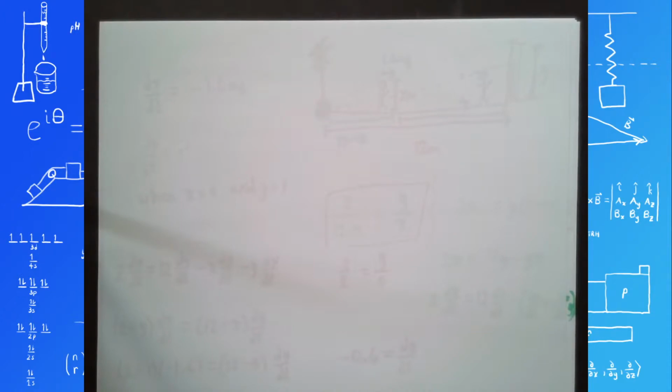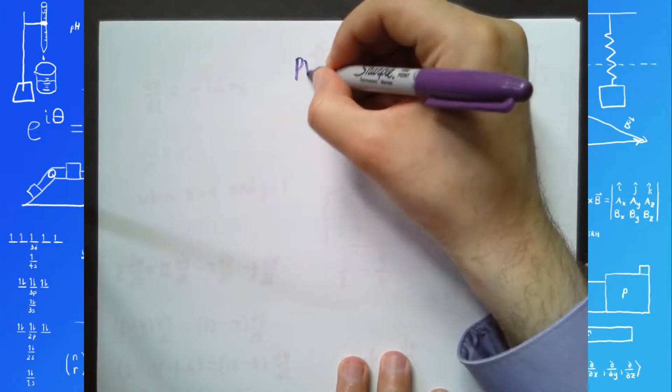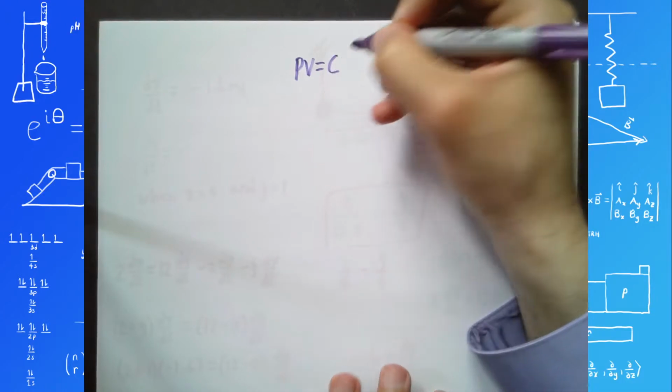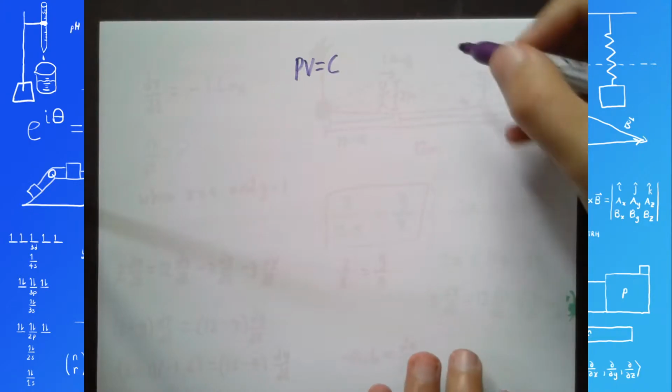So it says, Boyle's law states that when a sample of gas is compressed at a constant temperature, the pressure P and volume V satisfy the equation PV equals C, where C is a constant. Suppose that at a certain instant, the volume is 600 cubic centimeters.